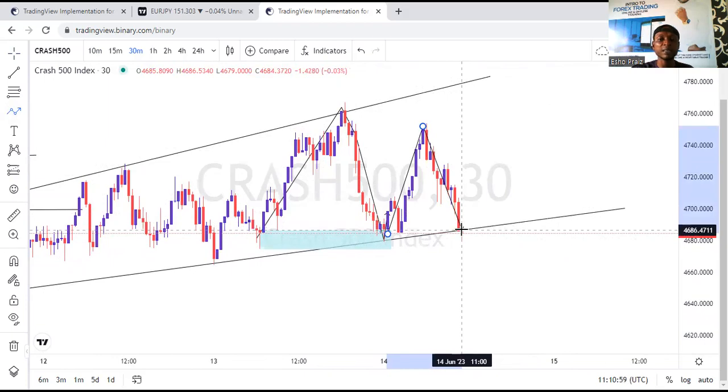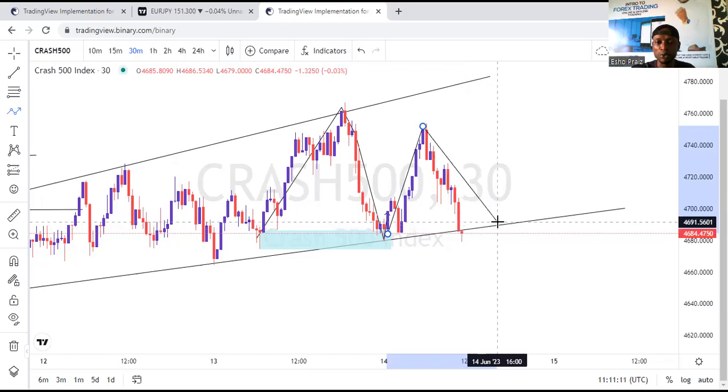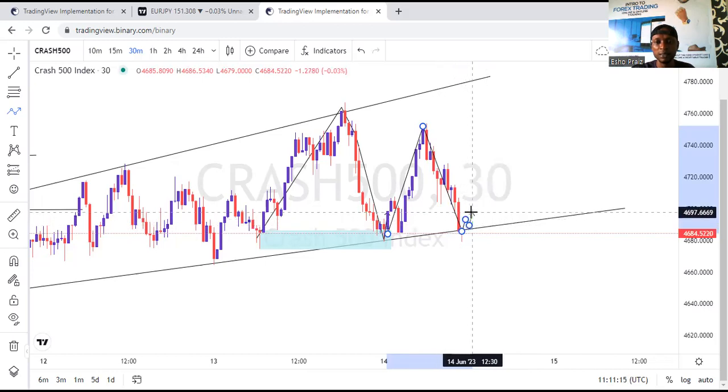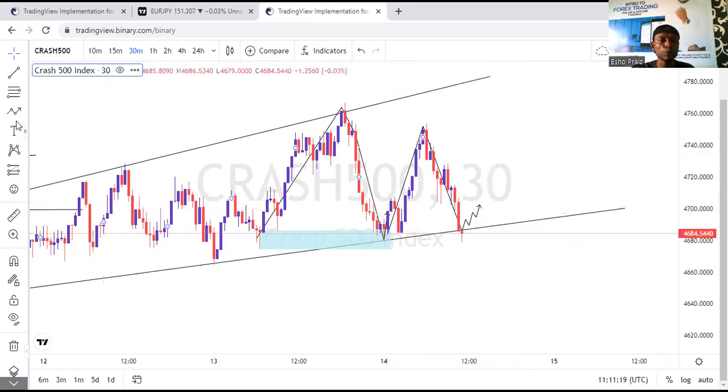Some people start buying the market once it touches this trend line. No, that is not how to buy. You have to wait for what we call rejection candles, or you have to understand what the market wants to do first. At least you must wait for 2 or 3 bearish candles like this before you buy. Then you buy, put your stop loss here.